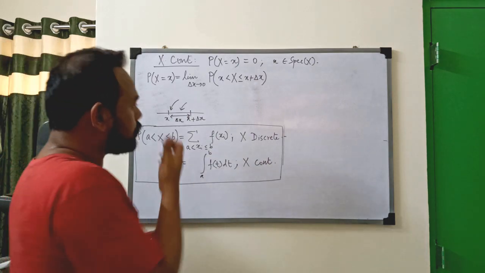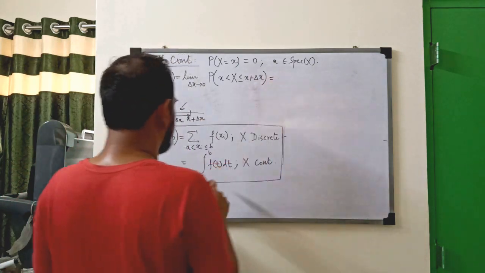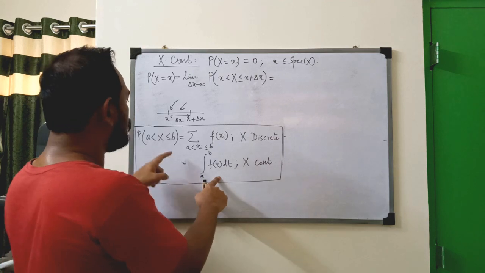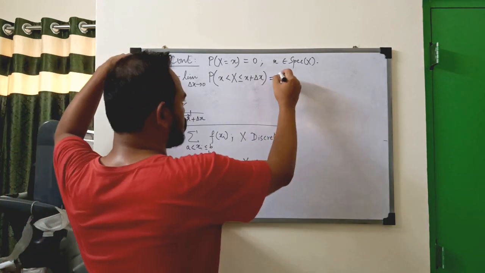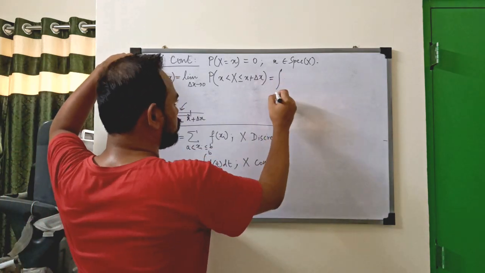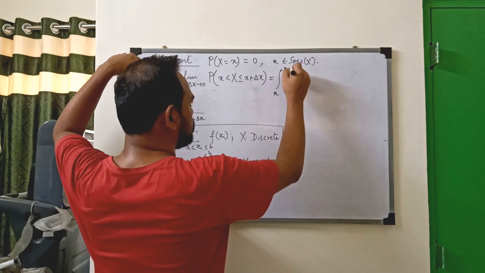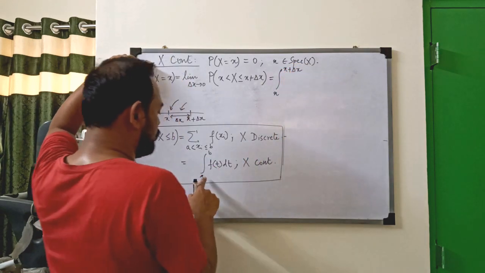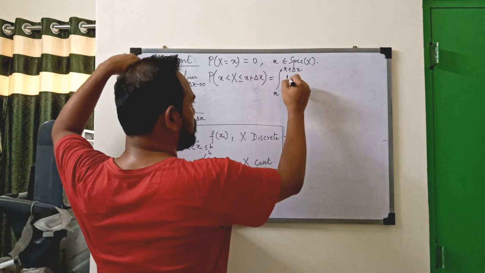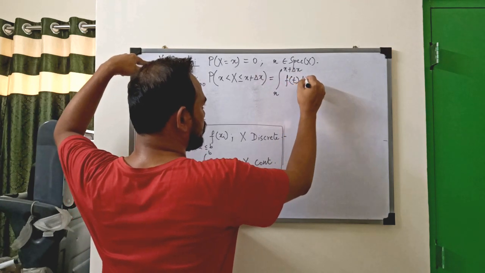Okay, so for this I can use this formula because I know that X is continuous. So this is just going to be an integration from x up to x plus delta x, for A and B, and we have the PDF ft dt.